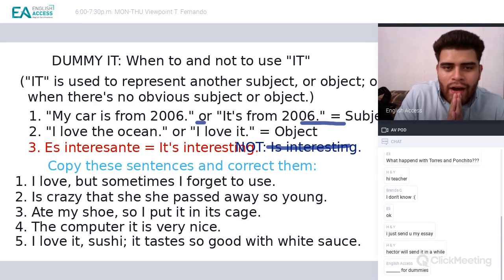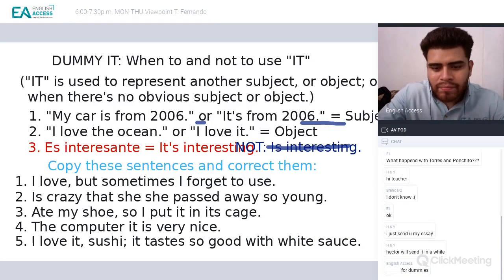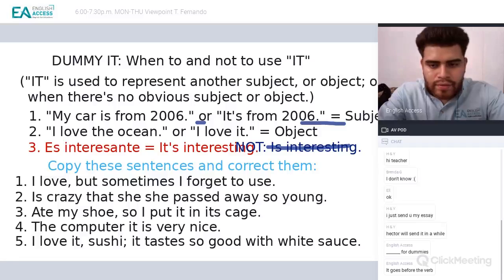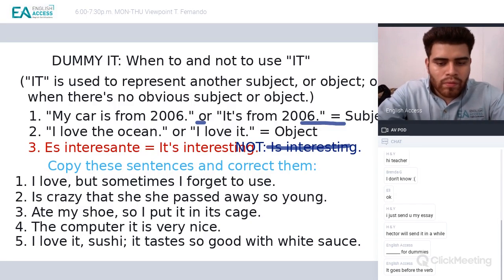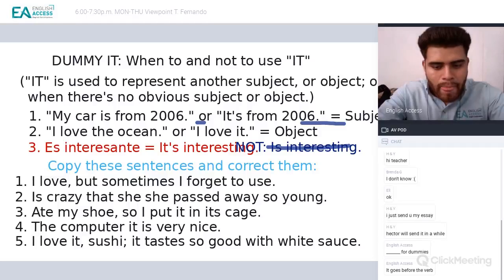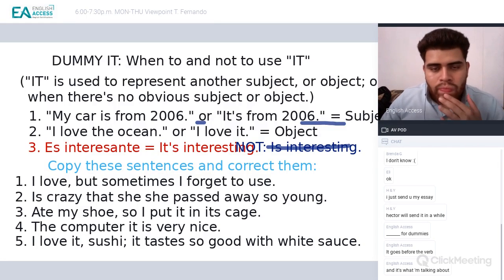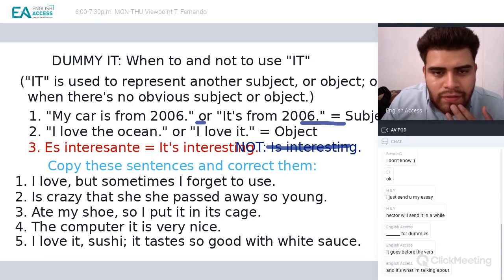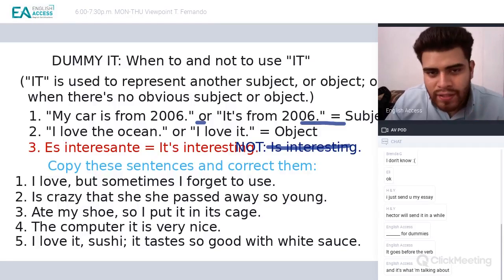Now, how do I know it's a subject? Because it goes before the verb. And it's what I'm talking about. All right, so there we go. My car is from 2006, or it's from 2006.